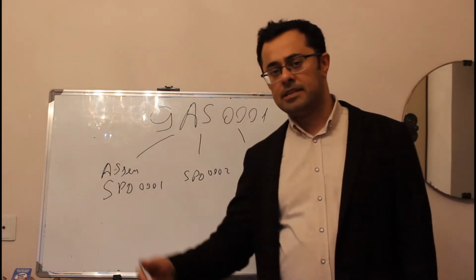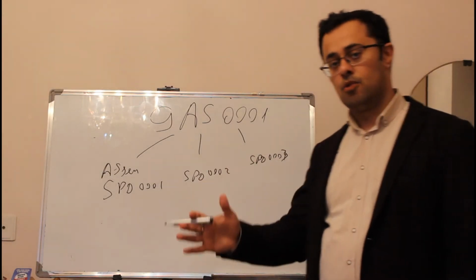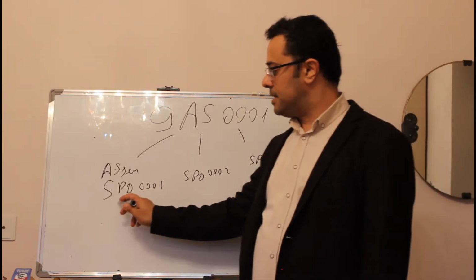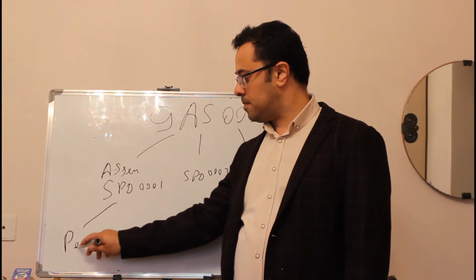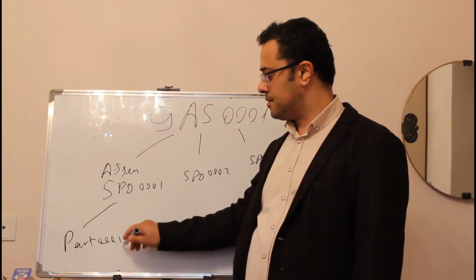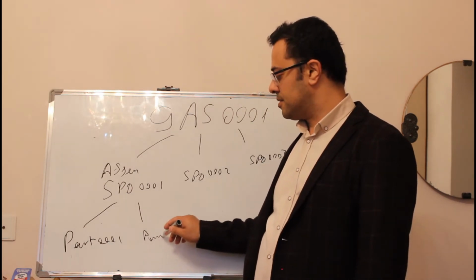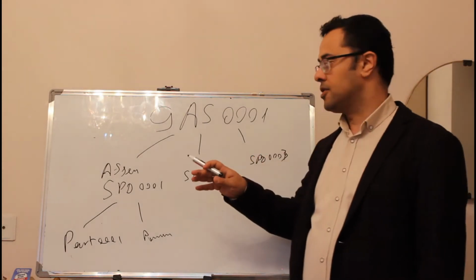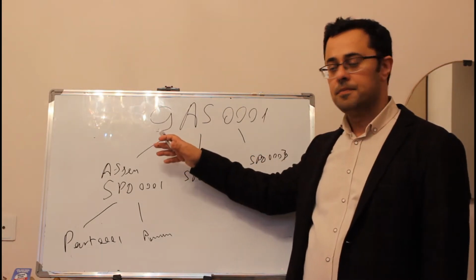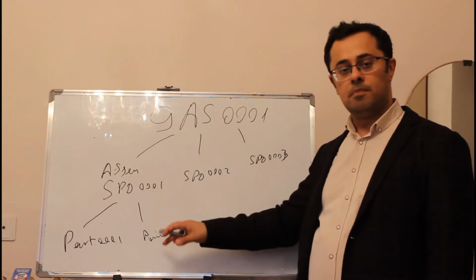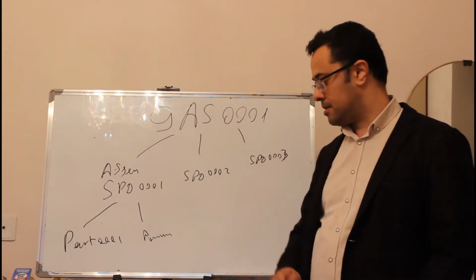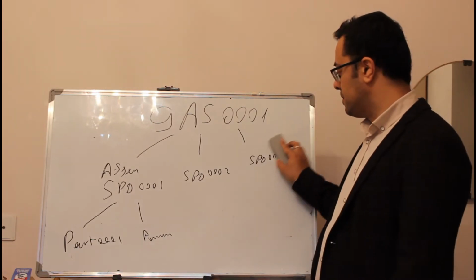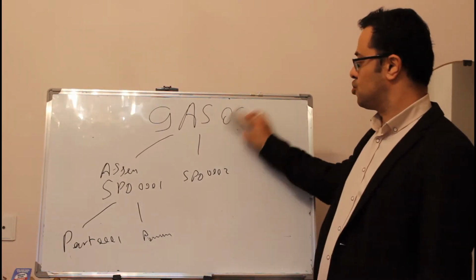It may have as many assemblies as complex your design is. And these SPDs have parts: part 0001, part 0002. So there are 3 categories: general assembly, assembly, parts. That's it. Nothing else. That's how you will do your shop drawings.